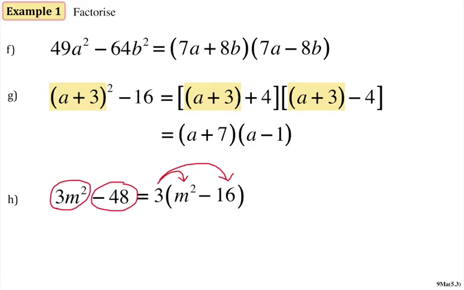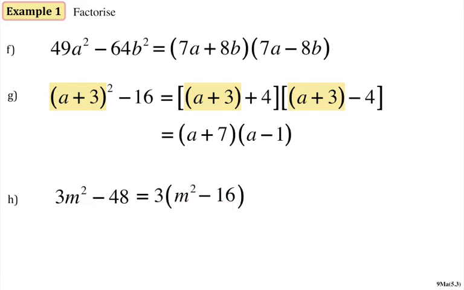So I've factorized that question. Now I want to focus just inside the factorized part of the bracket. M squared take 16 is a difference of two squares. Forget the 3 out the front. There's my difference. There's two terms inside the bracket. M has a squared. 16 is 4 squared. It's 4 times 4.